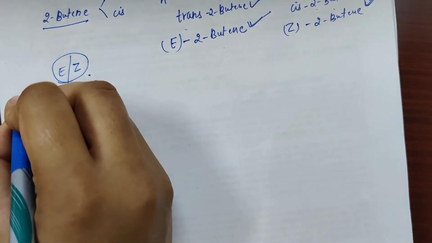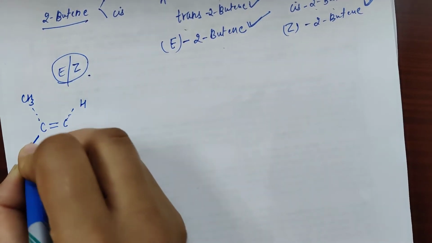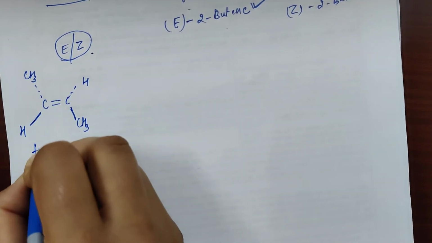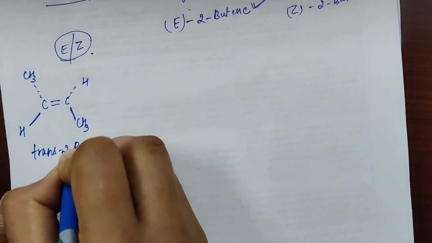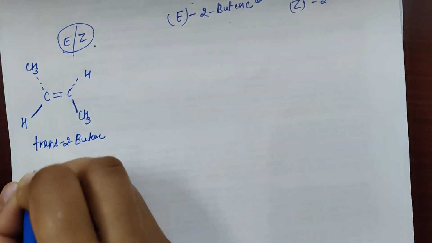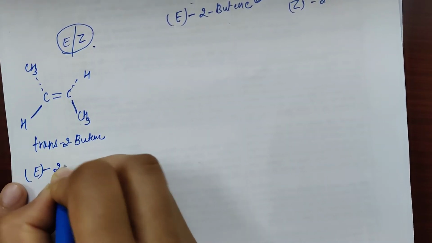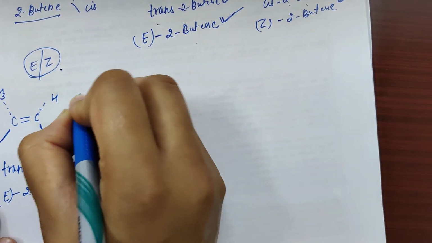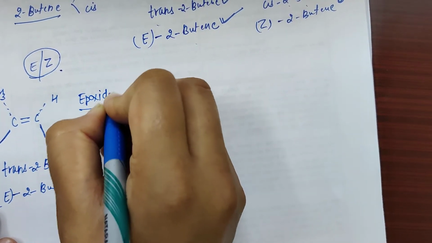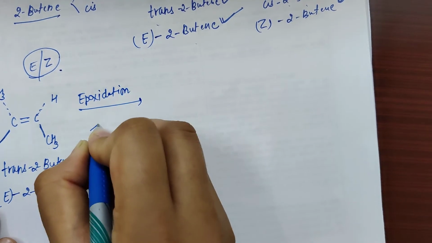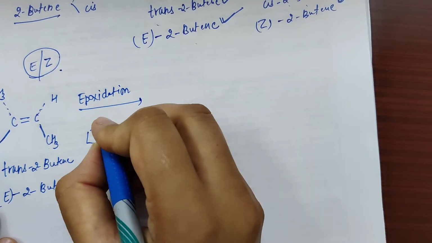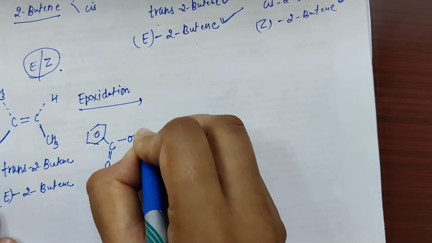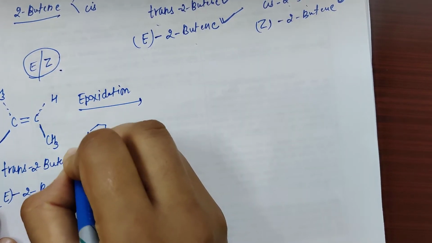First of all, I am taking the trans, this is trans-2-butene, or you can say E-2-butene. Now epoxidation is performed, and in order to do the epoxidation we are taking a percarboxylic acid.